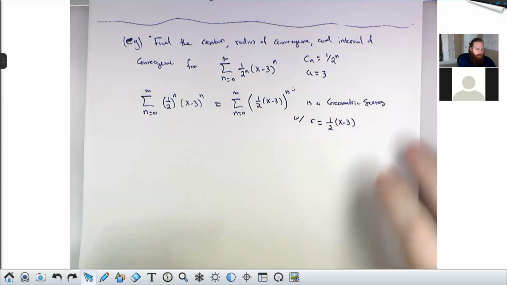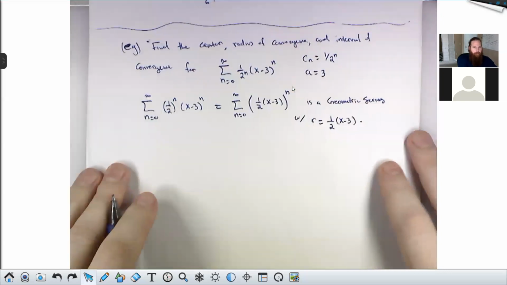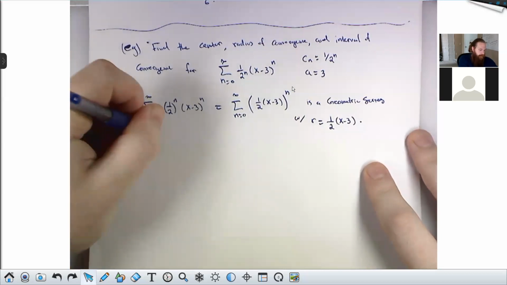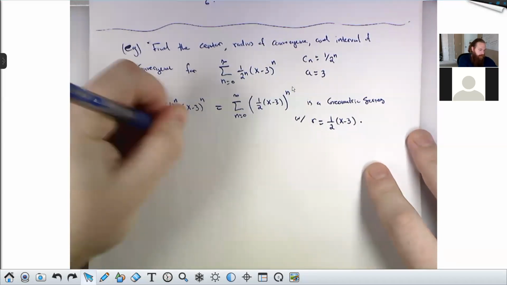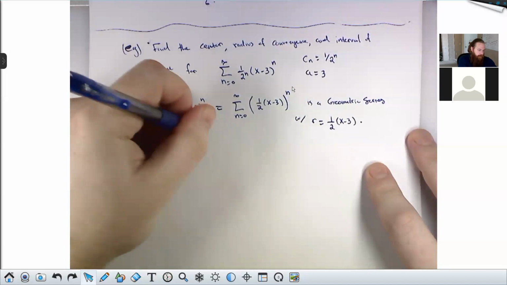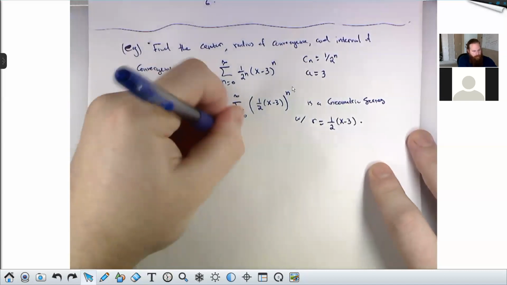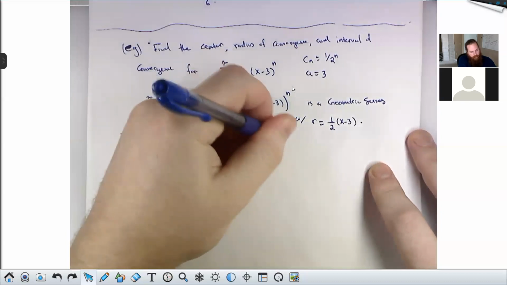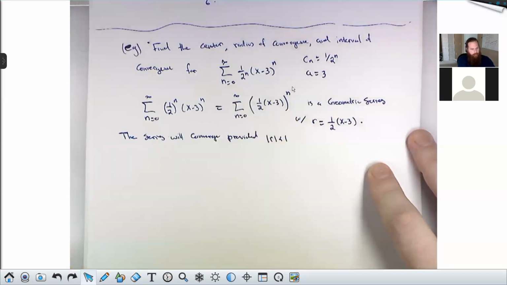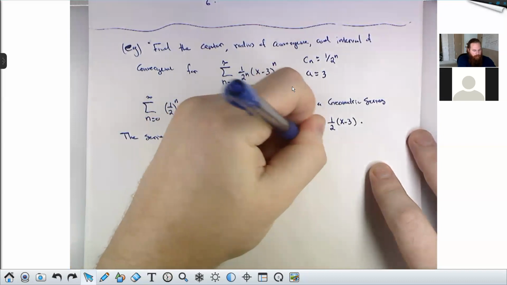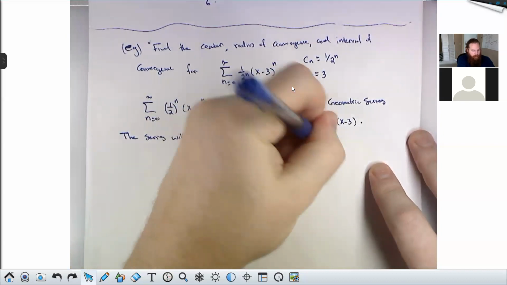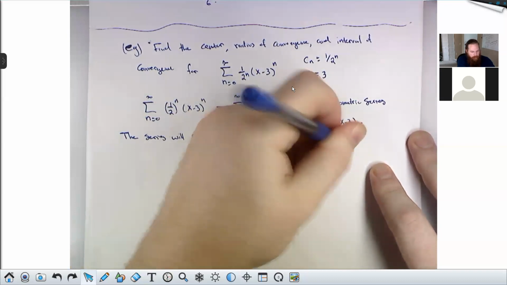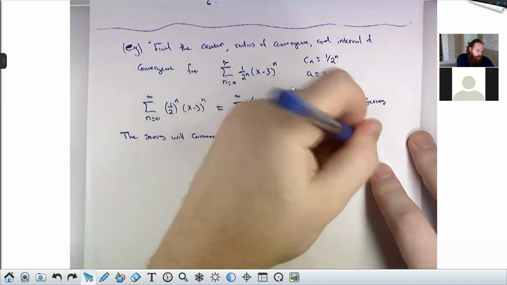So, because my series is geometric, the series will converge provided the absolute value of r is less than 1, which is equivalent to saying the absolute value of 1/2 times x minus 3 is less than 1.